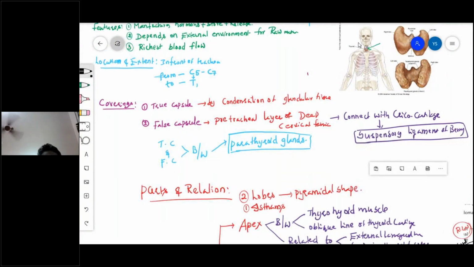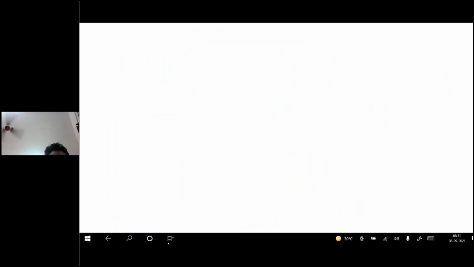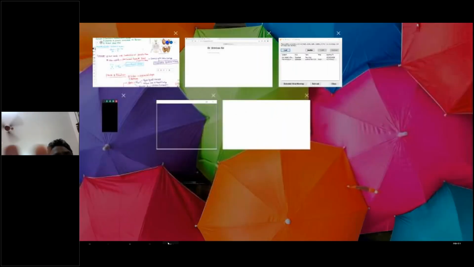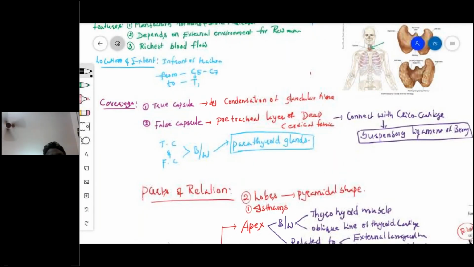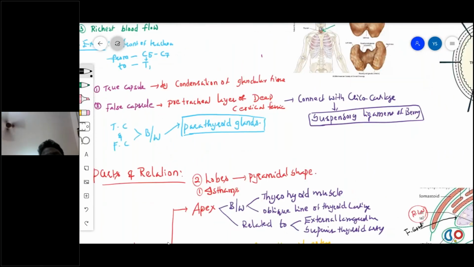So first, we come to the coverings of the thyroid gland. In the coverings, I told you one ligament. What is that ligament?